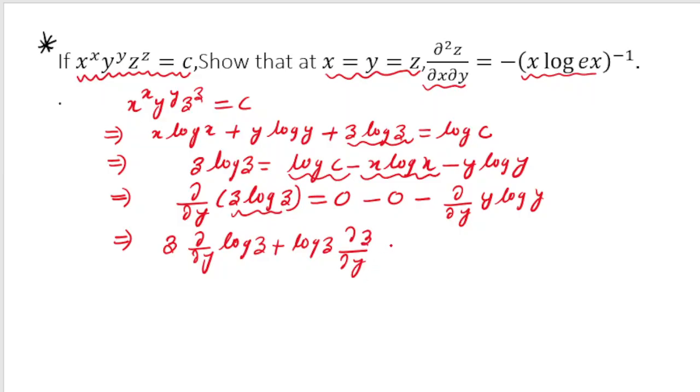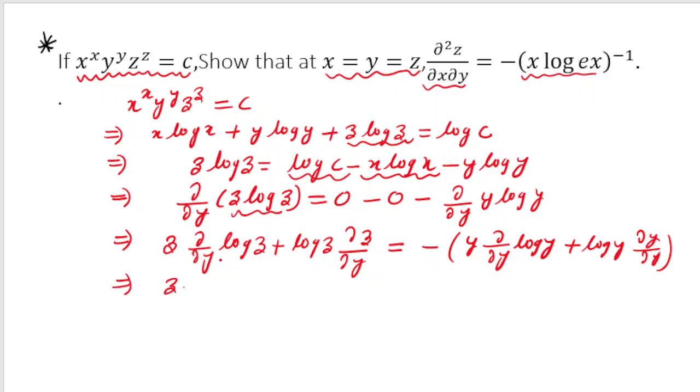Okay, and in the right hand side we have minus, I take y, I take del by del y of log y, then I take log y and del y by del y. So this will give me z del by del y of log z. So again, first I have to differentiate this with respect to z.